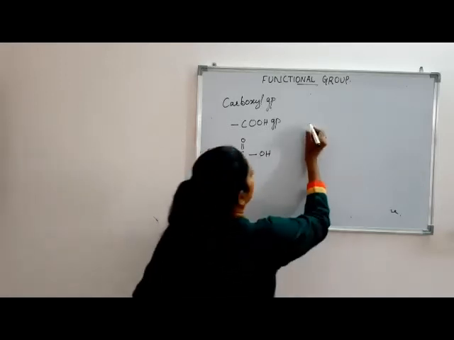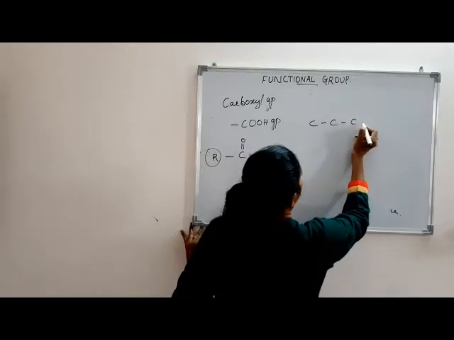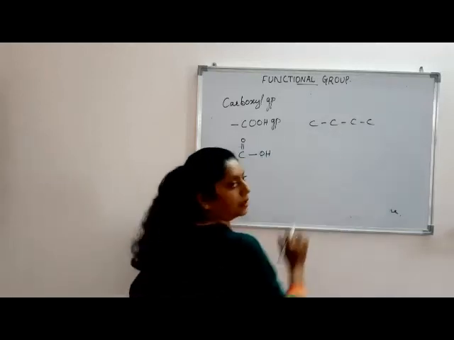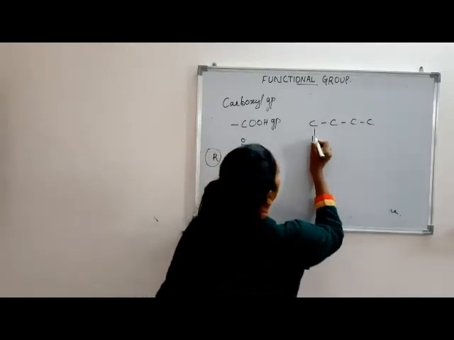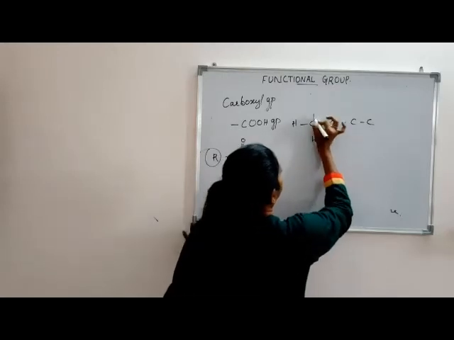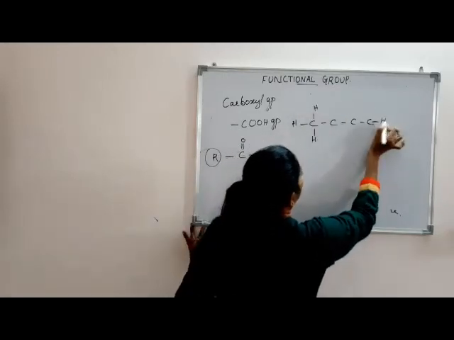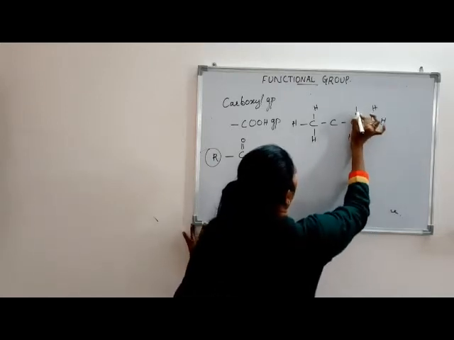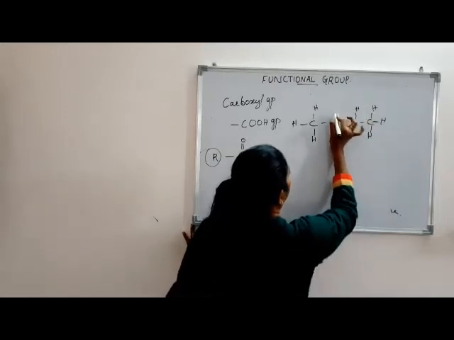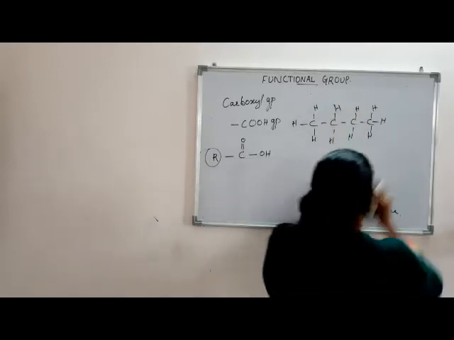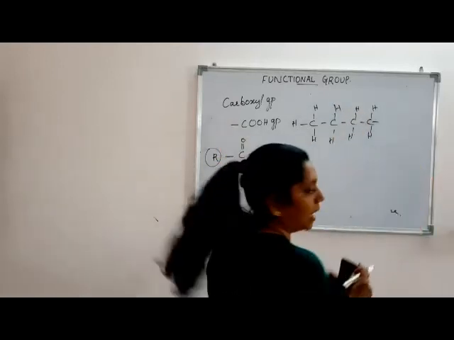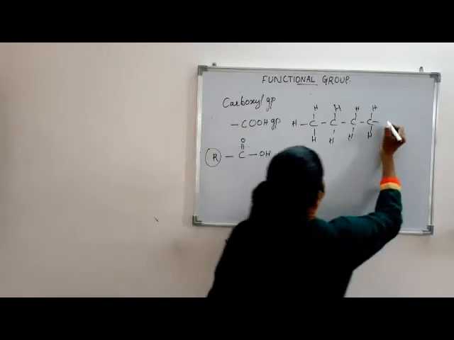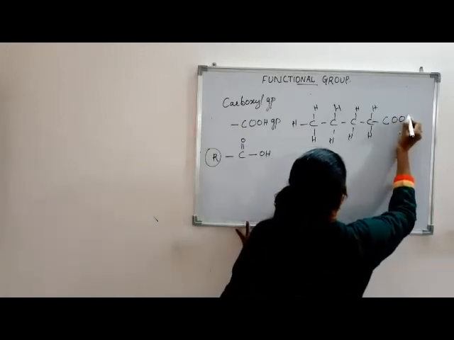Okay. Now we can take any hydrocarbon. This contains 4 carbon atoms. That means it is this butane molecule and we are now going to remove one of the hydrogen atoms and replace it with this group called carboxyl group, that is COOH group.